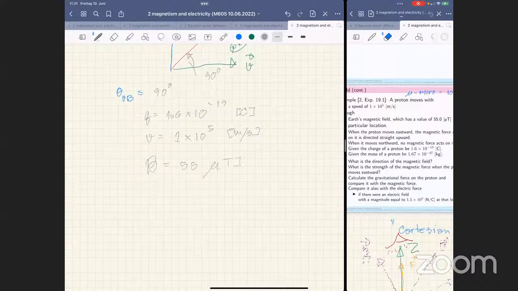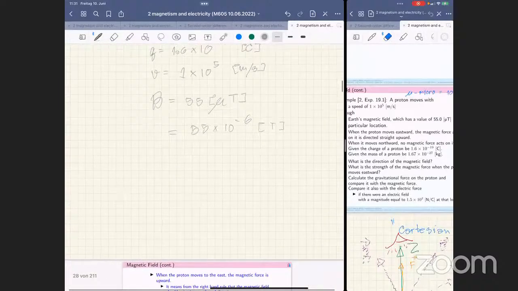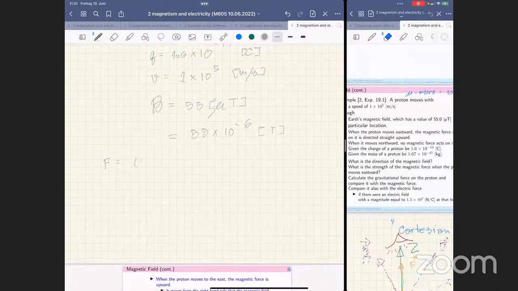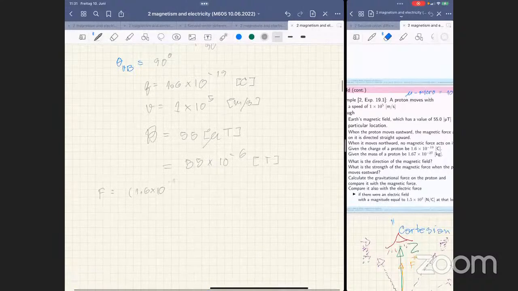If you convert it, because physics needs everything in SI units, otherwise we will get something wrong, it means 55 times 10 to negative 6 Tesla. Besides theta, once we know all these four quantities, it's easy for us to compute F. F is Q, 1.6 times 10 to negative 19.